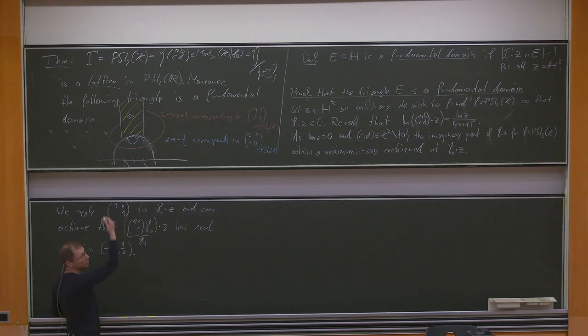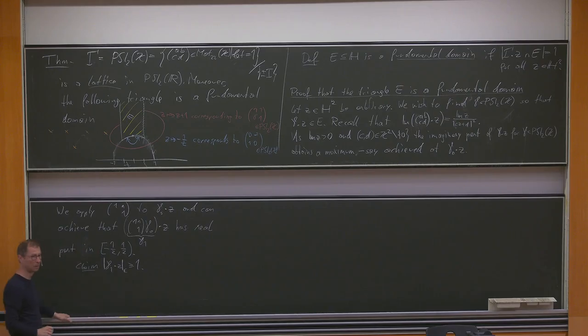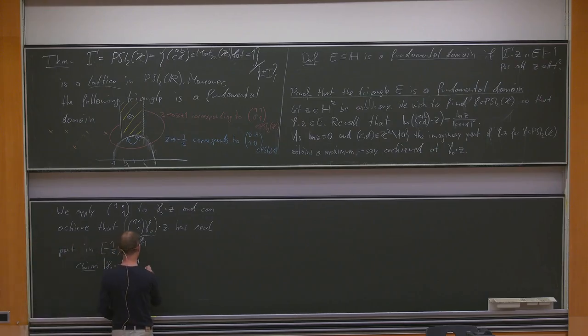And that would be the definition of E. Claim: gamma 1 applied to Z, complex norm, is greater or equal 1, i.e., gamma 1 applied to Z belongs to E, belongs to our triangle.